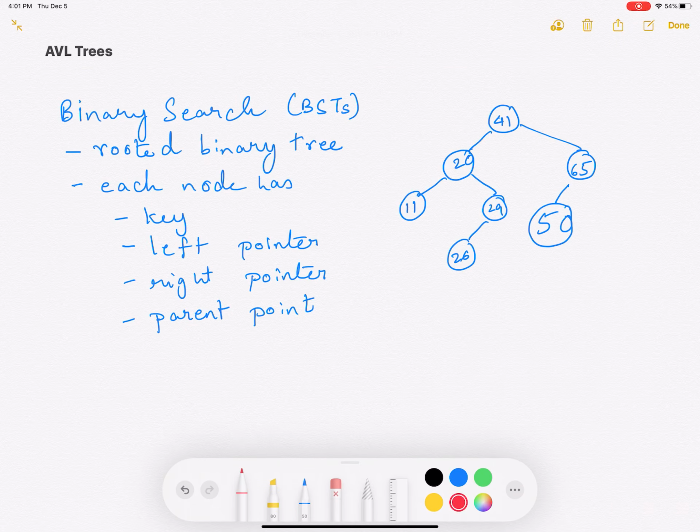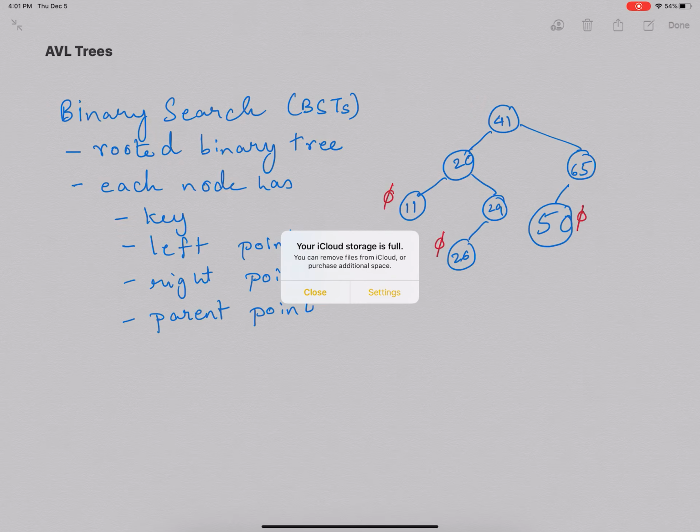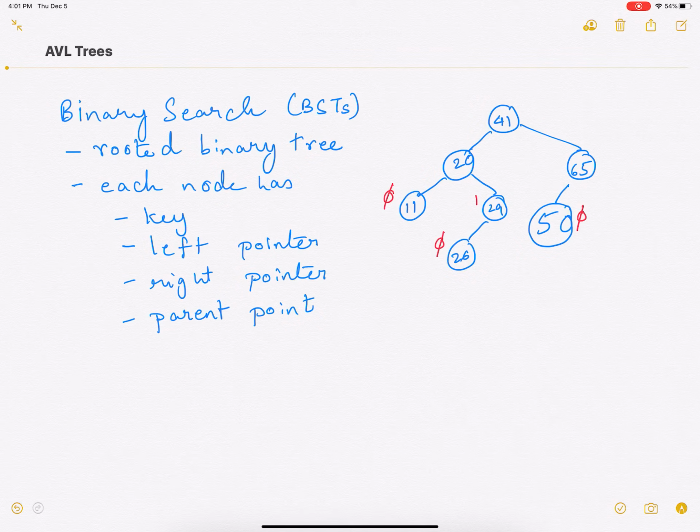So what are the heights of these? The leaf nodes have a height of 0, while 29 and 65 have a height of 1, 20 has a height of 2, while 41 has a height of 3. These are the heights of the different nodes in the binary search tree.